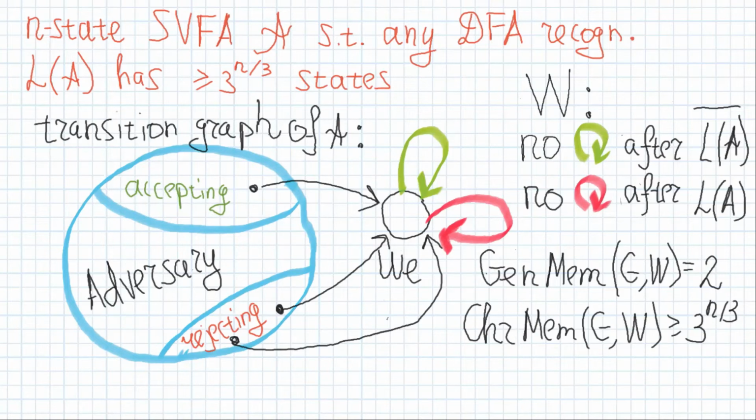And what we want to get from this is a game graph G with n+1 nodes and winning condition W such that the general memory of G and W is 2 and the chromatic memory of G and W is at least 3^(n/3).